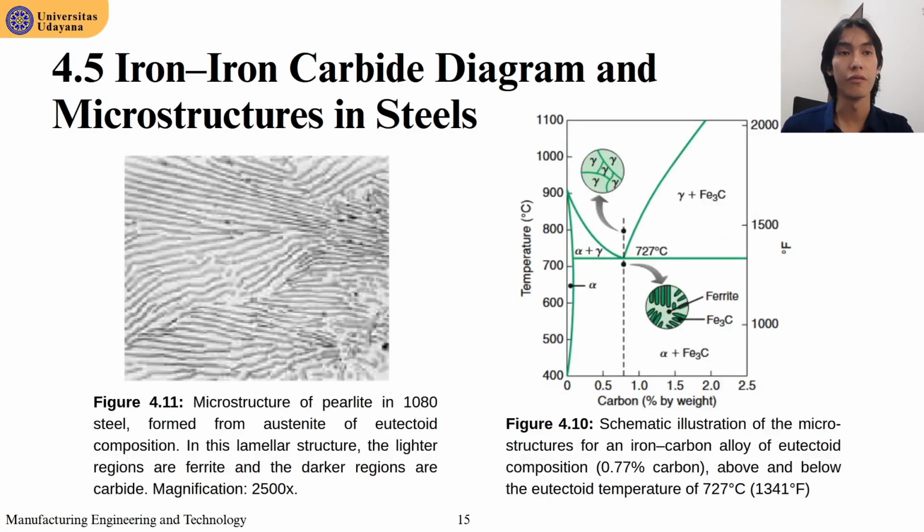Okay, you can see on Figure 4.11. The figure shows micrographs of pearlite in 1080 steel, lamellar, ferrite and carbide provide strength with ductility. And you can see on the diagram Figure 4.10, there is ferrite from Fe-Fe3C.